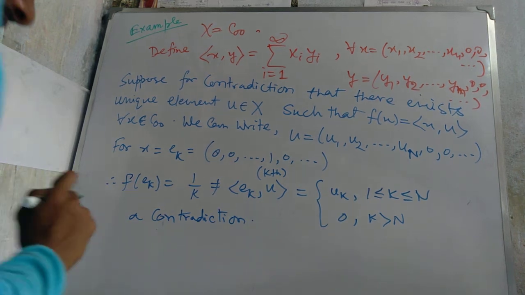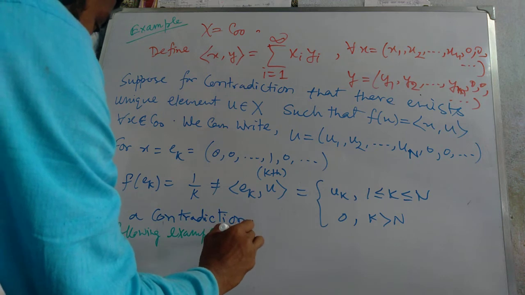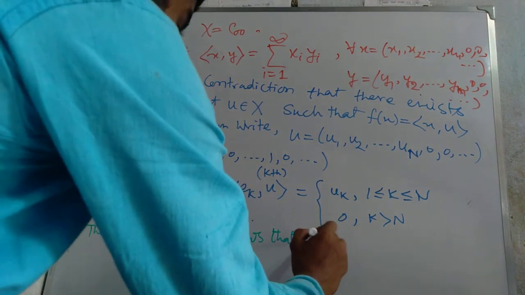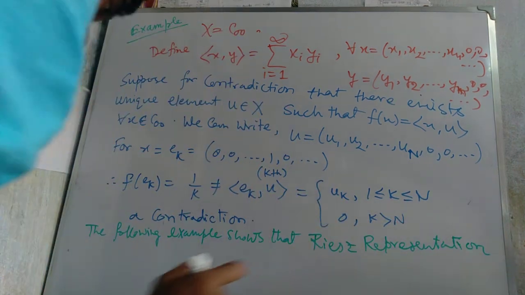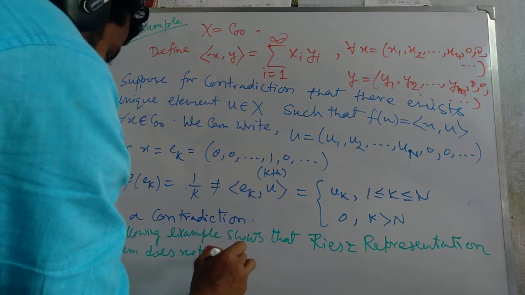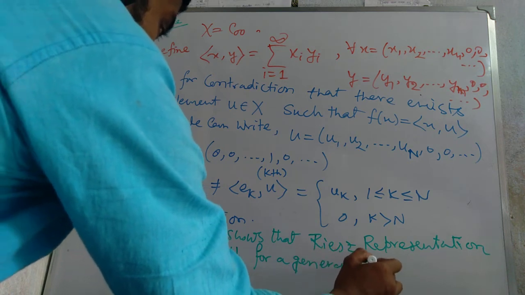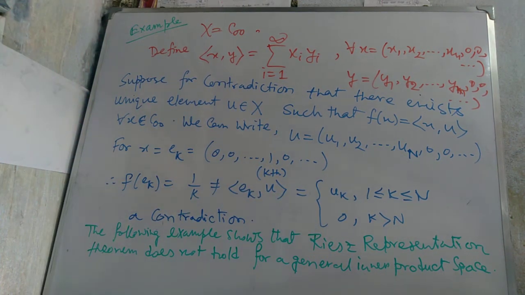This result is that the following example shows that the Riesz representation theorem does not hold for a general inner product space. So if X is a Banach space, then the Riesz representation theorem holds. Otherwise, this one cannot hold.